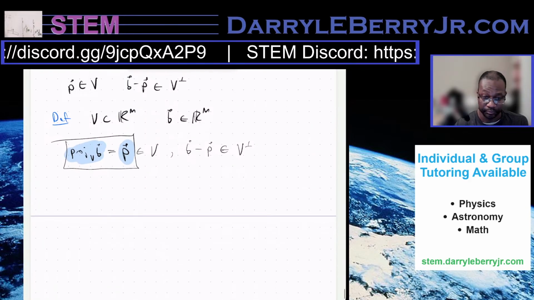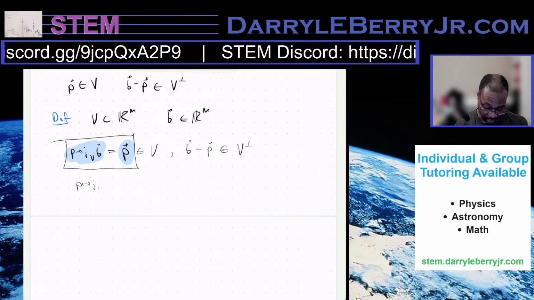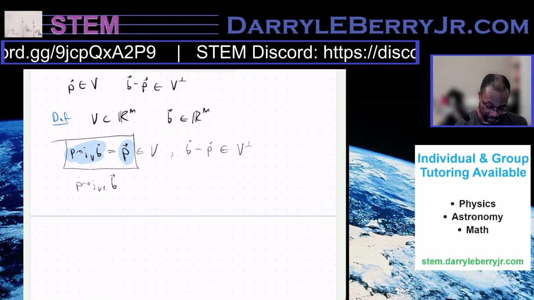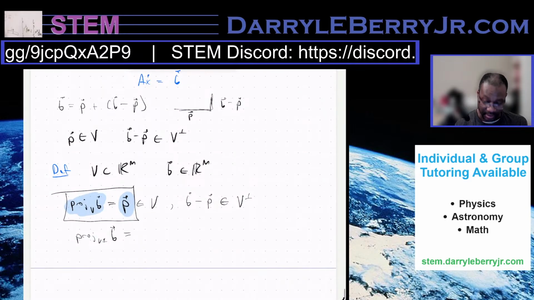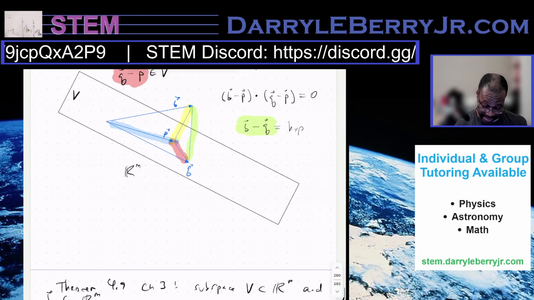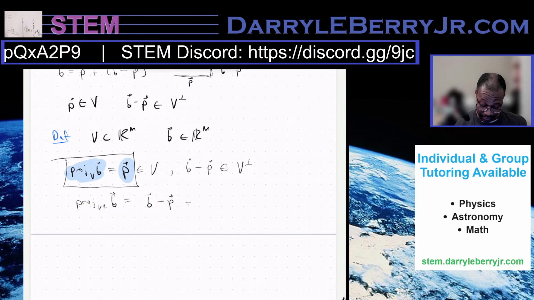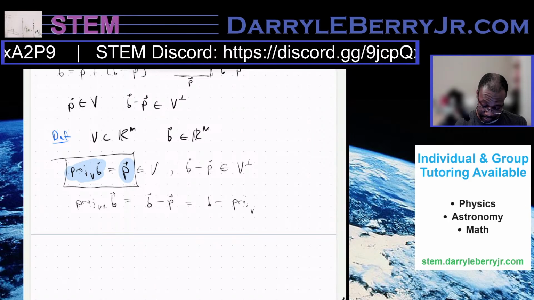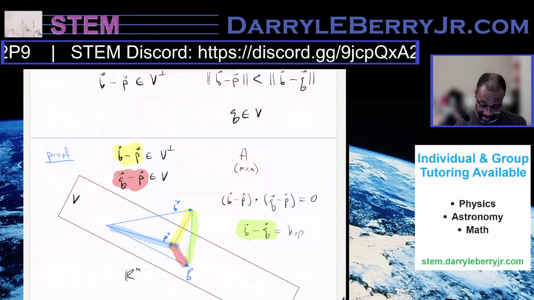Let's write that down. So the projection onto the perpendicular to V of B, which means B is projected onto the yellow line there, equals B minus P, which is the yellow line there, and that equals B minus the projection onto V of B.